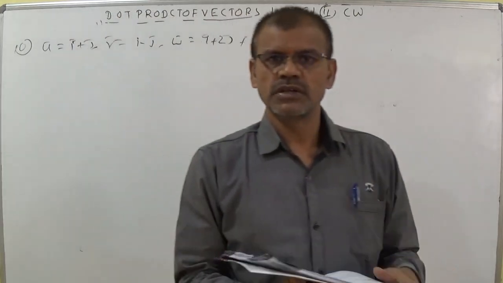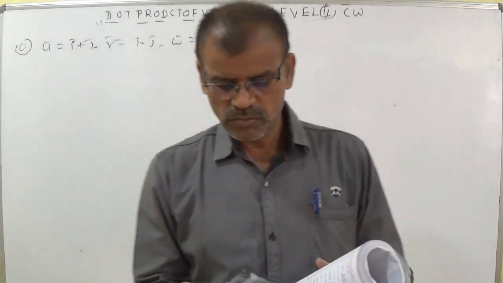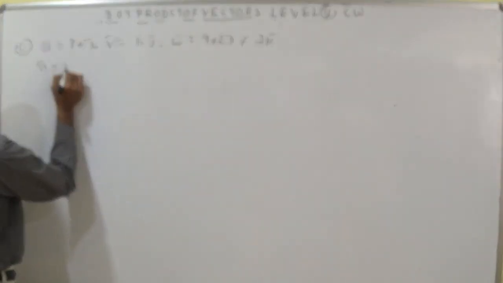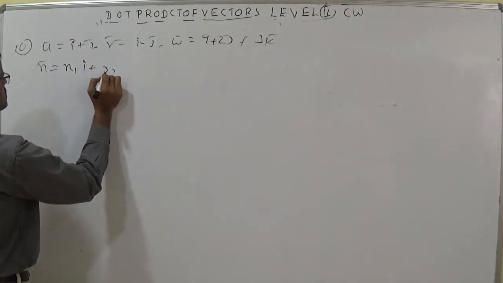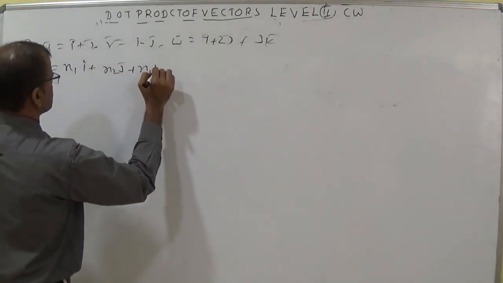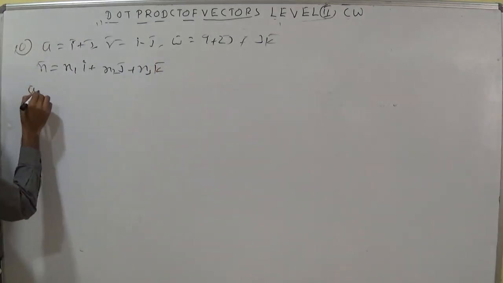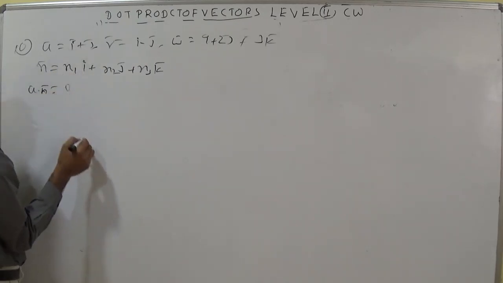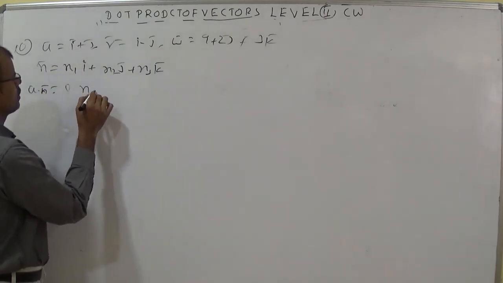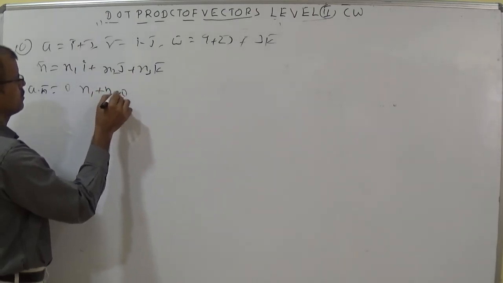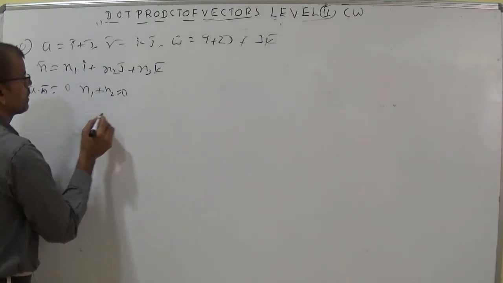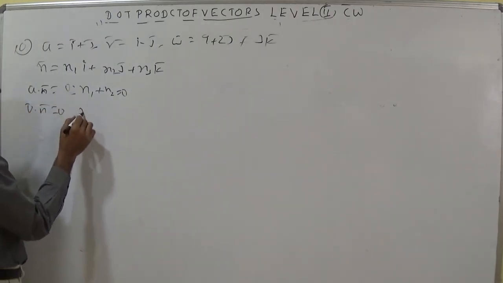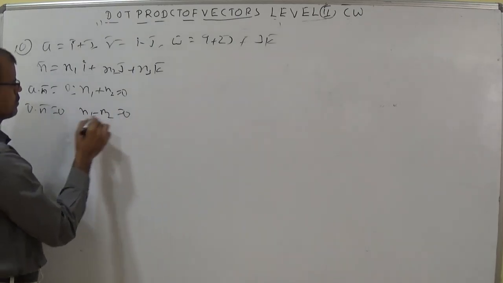If n bar is a unit vector such that U bar dot n bar equal to 0 and V bar dot n bar equal to 0. Let n bar be equal to n1 I bar plus n2 j bar plus n3 k. U dot n equal to 0 means n1 plus n2 equal to 0. Next, V bar dot n equal to 0 means n1 minus n2 equal to 0.